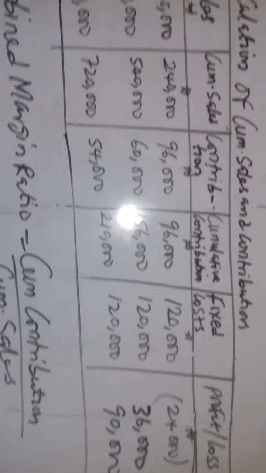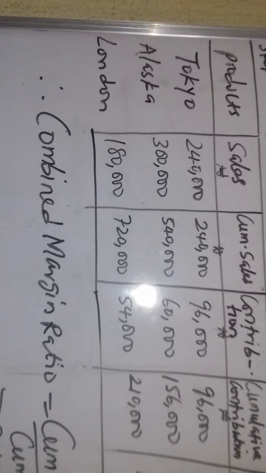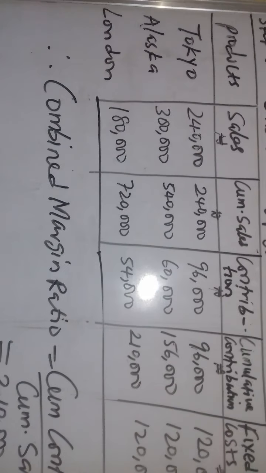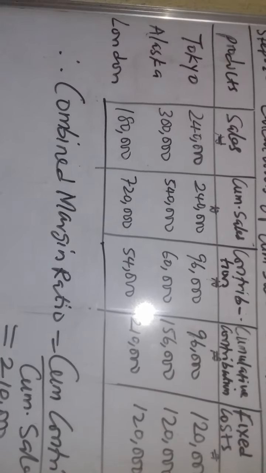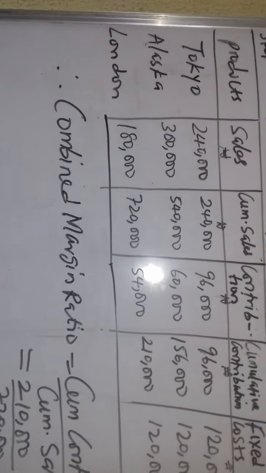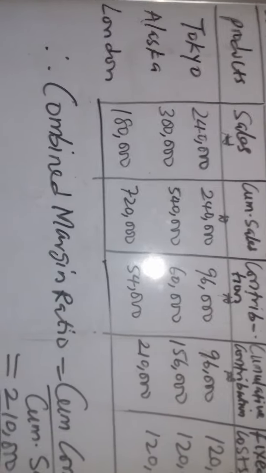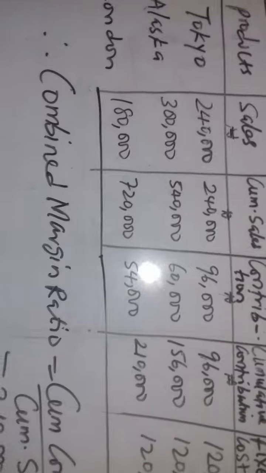That tells you that the break-even point, remember the break-even point is a point where there's no profit or loss, is between the combination of Alaska and Tokyo. Now, for a better margin of safety, they added London.